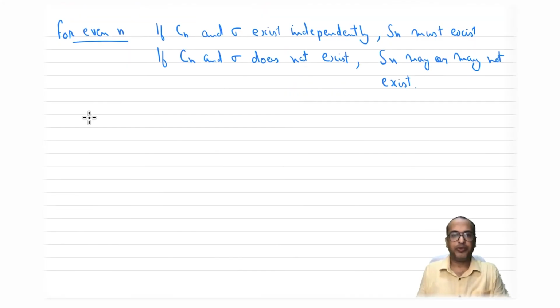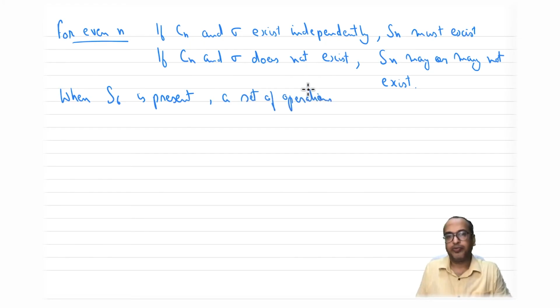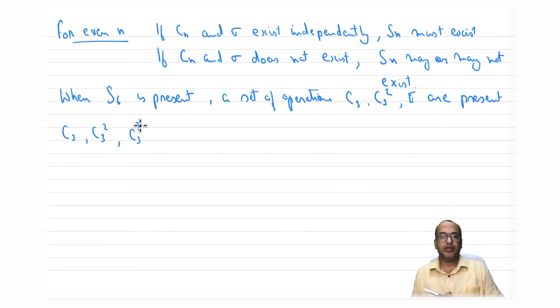So when S6 is present, a set of operations C3, C3 squared, E are present. Why am I interested in this? Because C3, C3 squared, and E can also be written as C3 cubed, right? So this is equivalent to E.